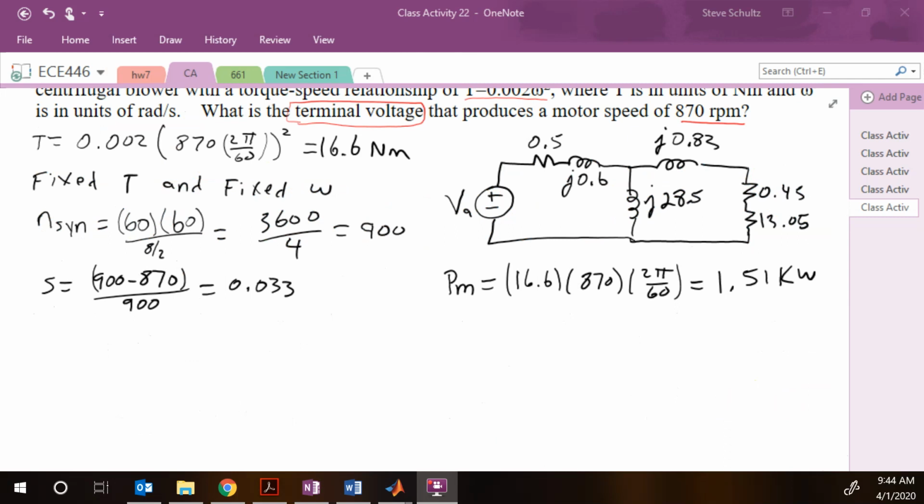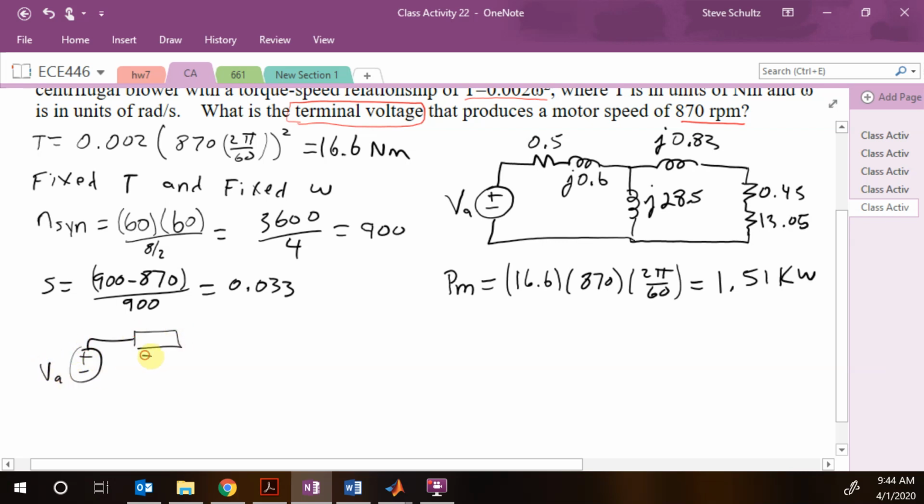Okay, so this time we're going to solve for our power using a different way than node voltage. So in this case, what we're going to do is use a voltage divider to get the current. So we're going to be collapsing our impedances down and then expanding back out. So what we have is VA, and we're just going to call this Z of the stator. And we're just going to leave this as j28.5, and then this is Z of the rotor.